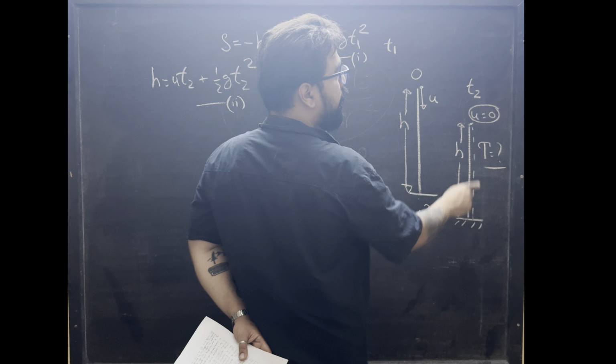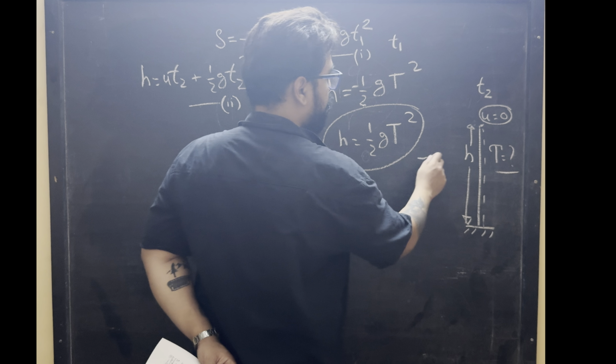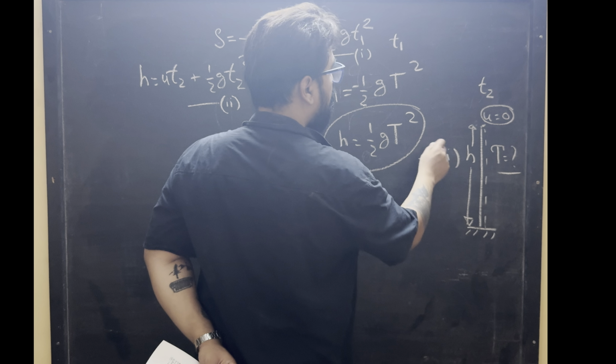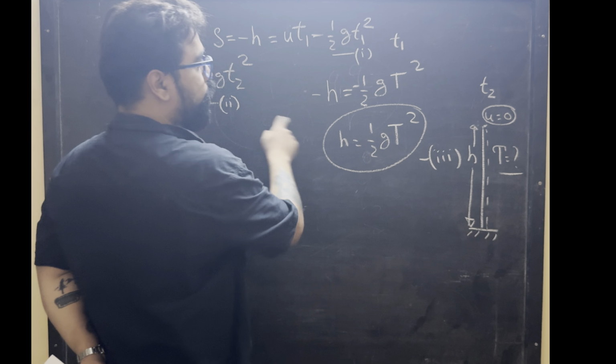Cancel the negative sign, you get h equal to half g T square. So this is equation 3. Equation 1, equation 2, equation 3. This is where physics ends. So first please check whether you have understood the formation of the equations. I am assuming that you have. Now it is just plain, simple algebra.